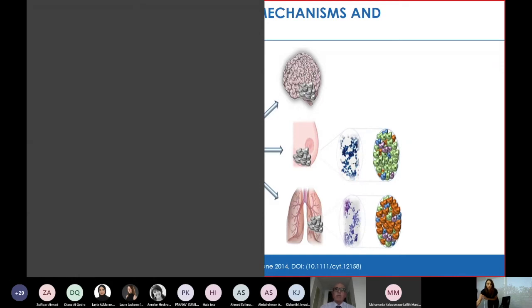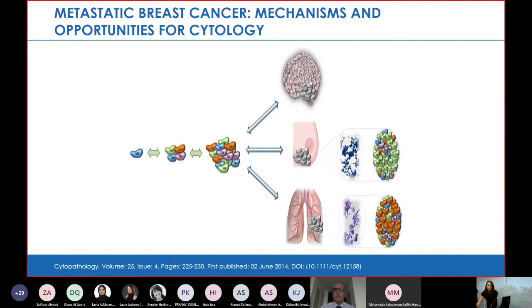We know from the previous webinars that there are topics in which you are interested and which we'll cover, and that is respiratory cytology and thyroid cytology. But if you show interest, we can also have a session on breast cytology. And I leave the platform to Dr. Suhaila to conclude.